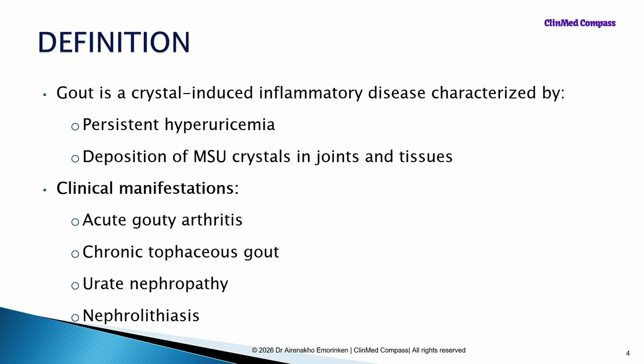Over time, if untreated, the patient may develop chronic tophaceous gout with visible tophi and joint destruction. The kidneys can also be affected, leading to urate nephropathy and uric acid kidney stones, also known as nephrolithiasis. So gout is both a joint disease and a systemic disease.